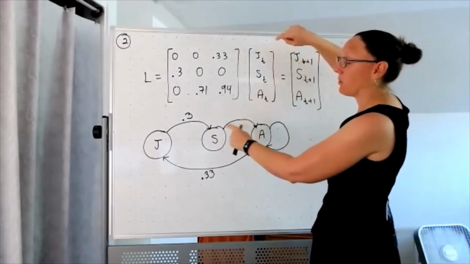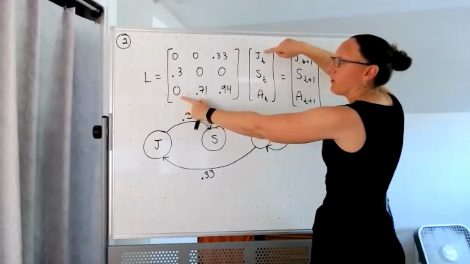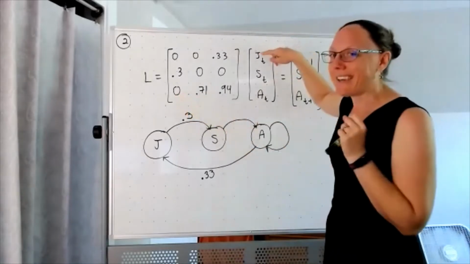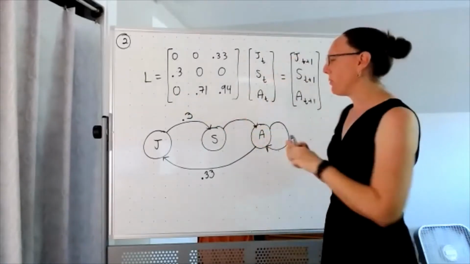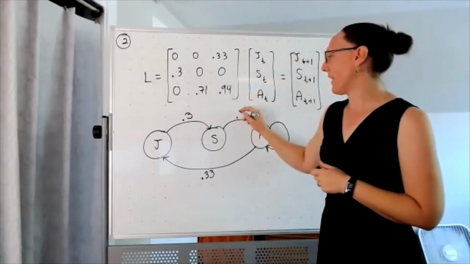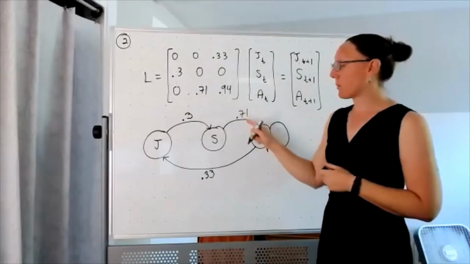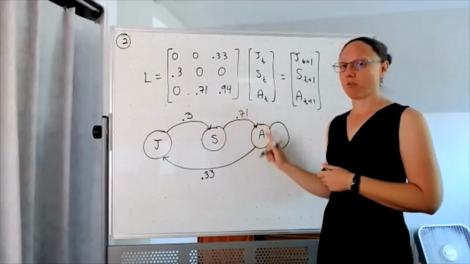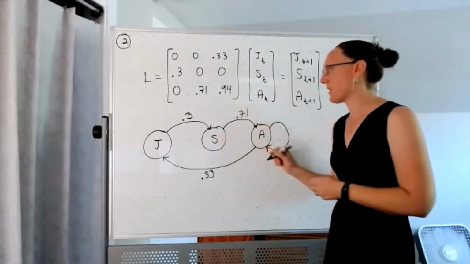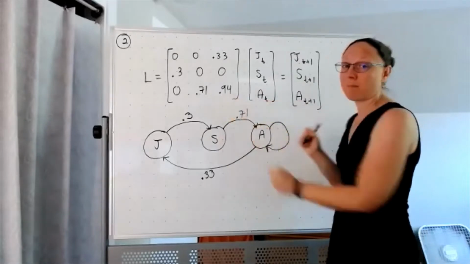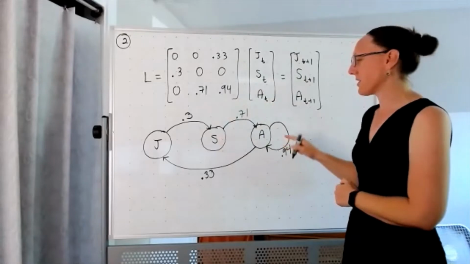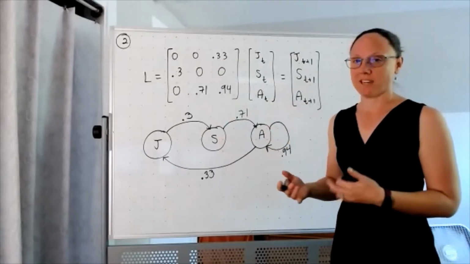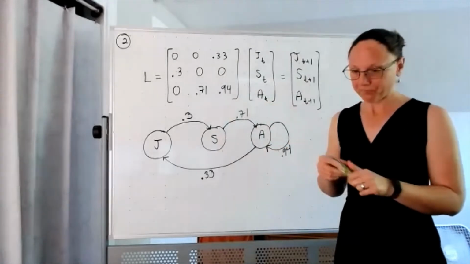Well, if we look at the matrix multiplication, I'd have 0 times my juveniles. You can't skip being a subadult. 0.7 times my subadults, so there's my coefficient right here. So 70% of my subadults survive to become adults. And then 0.94 times my adults, meaning 94% of the adults survive another time step or another breeding cycle.